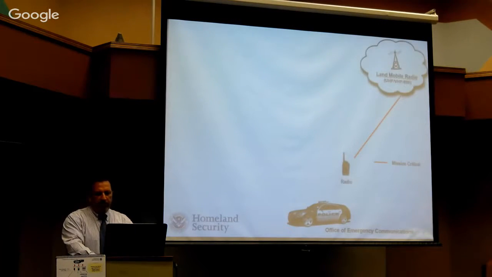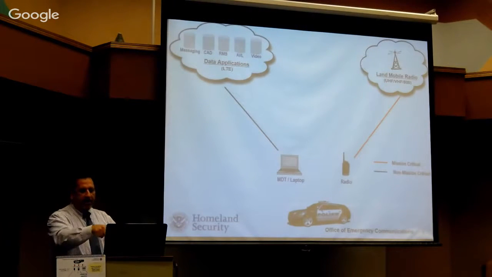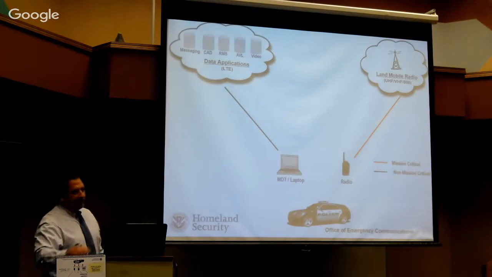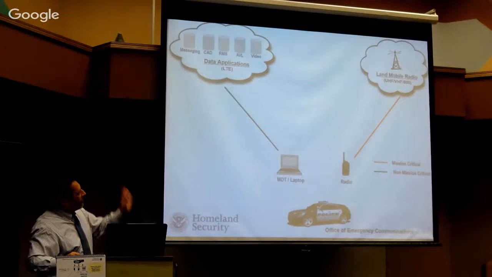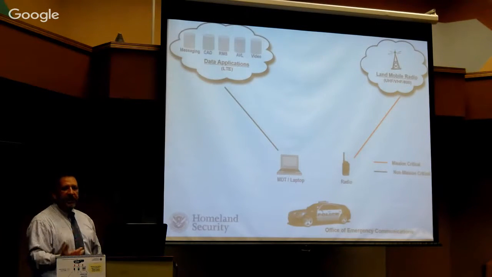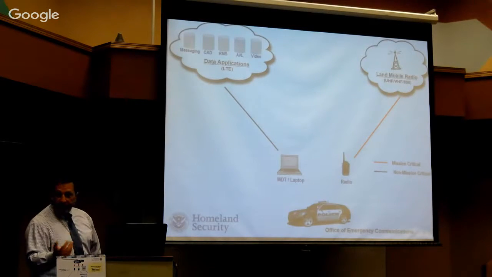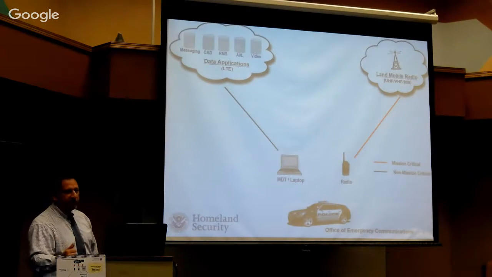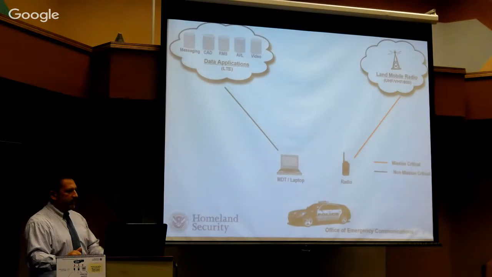Now, the other part of the current state is that, sorry, I was confused by the display here. If you look on the left side, all of the data that your officers and firefighters are using, unless you do have a private network, most all the data that they're using, either if they have mobile data computers in their cars, or they're using their smartphones, that's all commercial, and it's not considered mission critical.